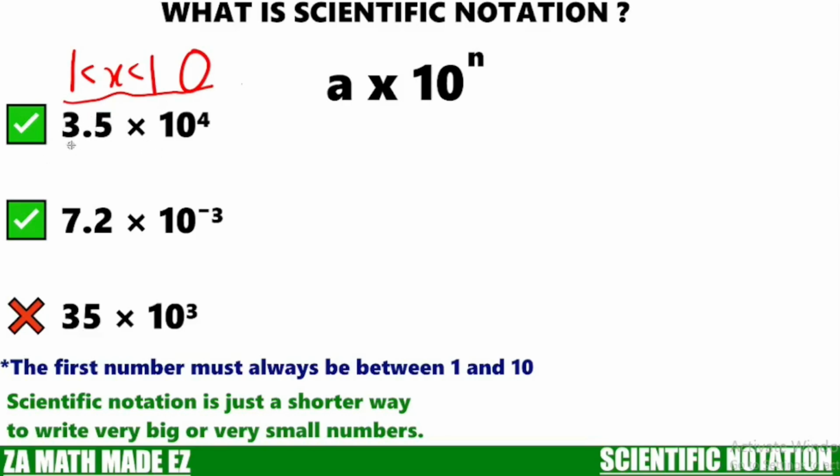This is 3.5, which is between 1 and 10, that is correct. 7.2, which is also between 1 and 10, that is also correct. Now 35 is not between 1 and 10, so this is not a correct way to use scientific notation. So always remember this important rule before we move on further.